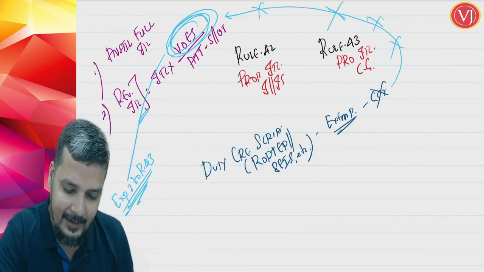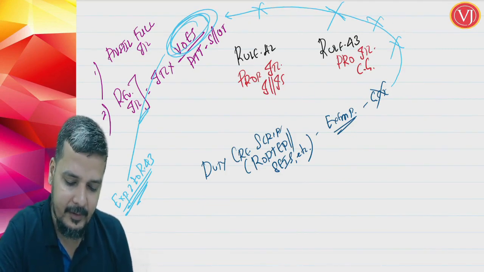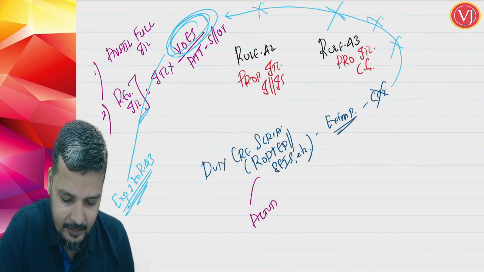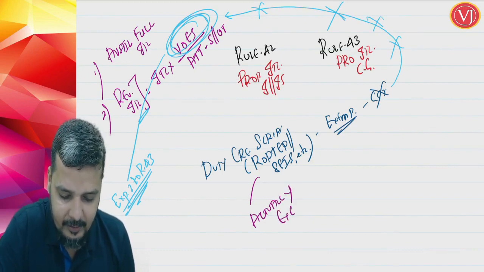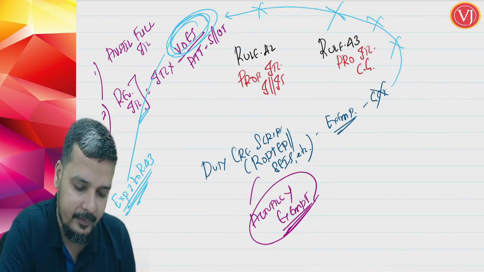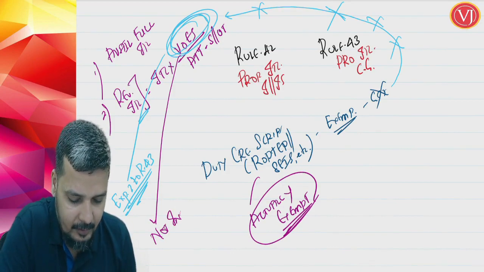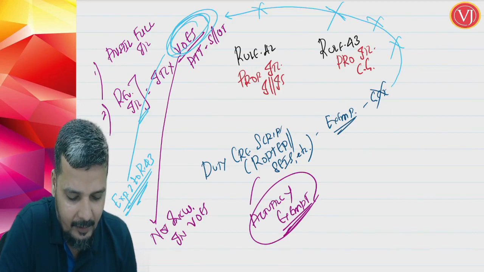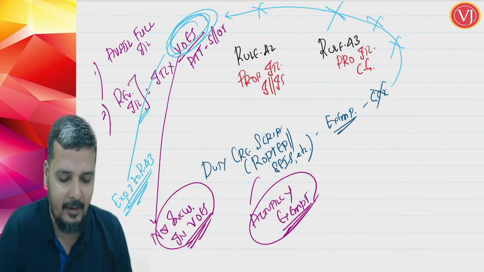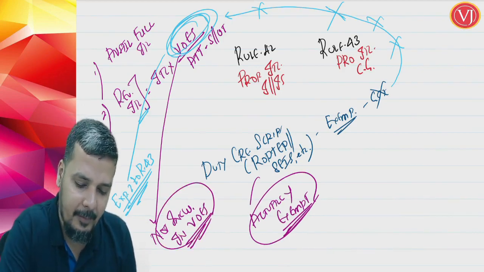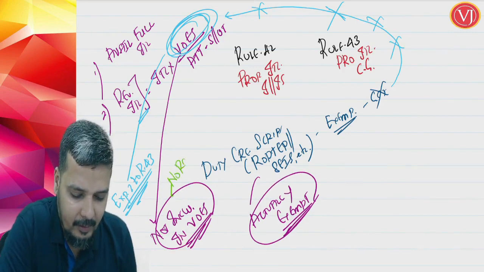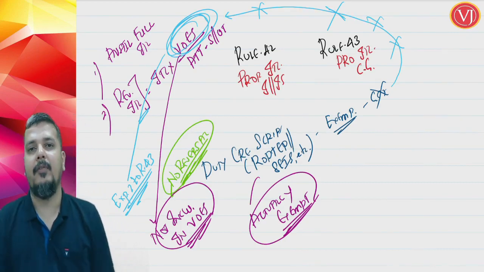Strictly speaking, technically speaking, it is actually exempt, but this portion is not included in your value of exempt supplies. When it is not included in your value of exempt supplies, obviously what would happen is there is no reversal because of duty credit scrips.